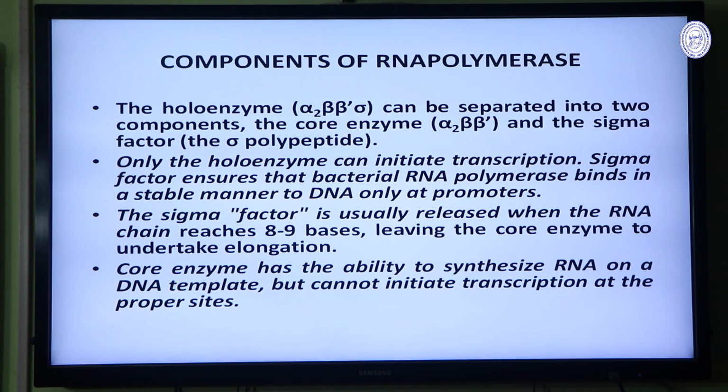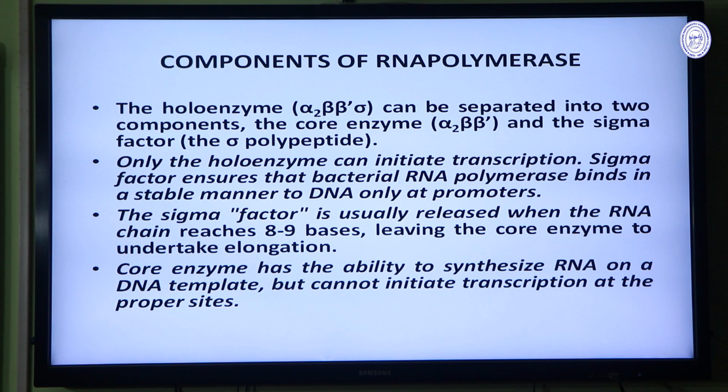The sigma factor's role is over at the initiation site. When the RNA chain is elongated to a length of 8 to 9 bases, the sigma factor will be dissociated from the holoenzyme complex, and the core enzyme is sufficient to synthesize the RNA on the DNA template.